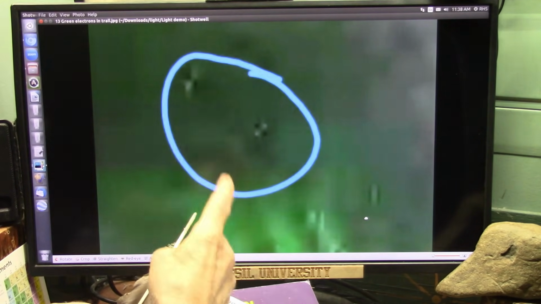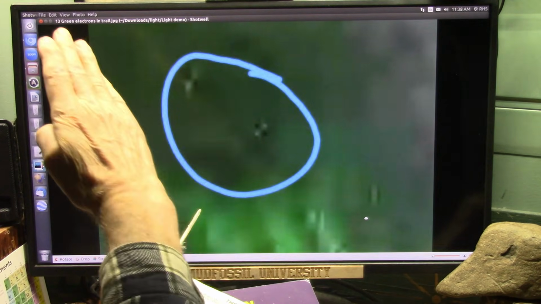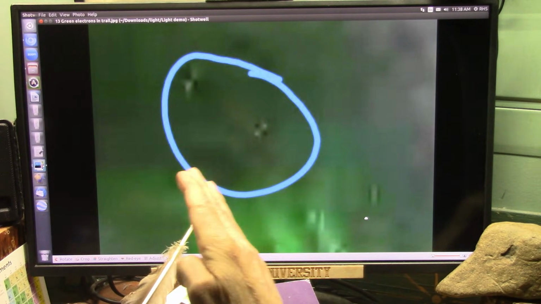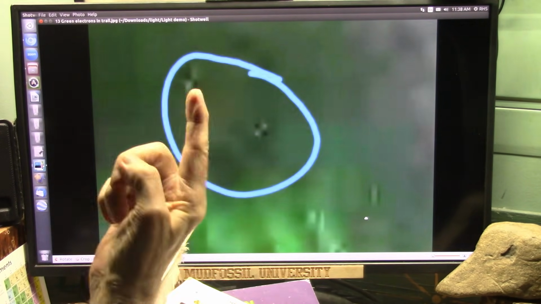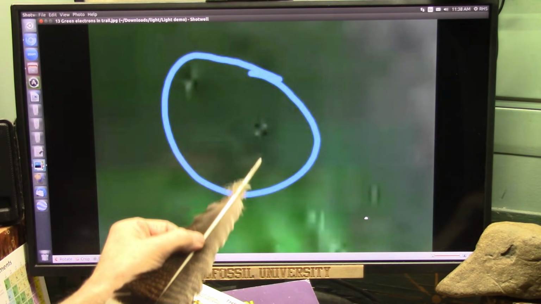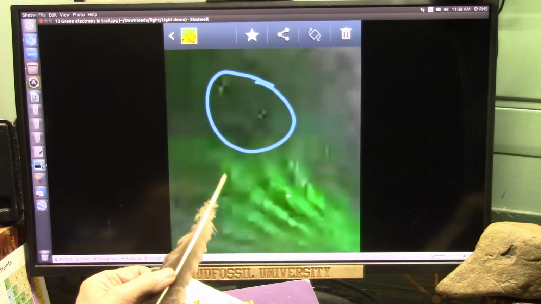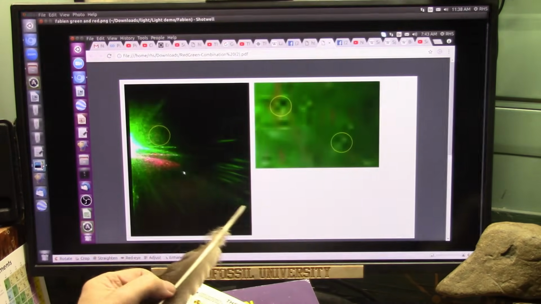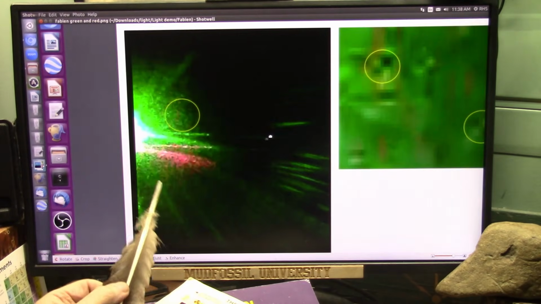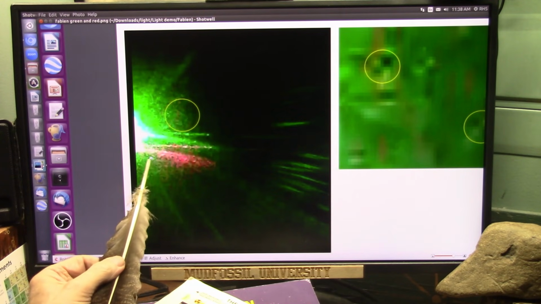Now, you see how it's straight up and down here, even though it's going in that plane? It doesn't twist and go this way. It stays up this way. It's something to do with the gravity of the Earth to these dipoles. But it's the same particle, only faster. And here I can prove it's faster because this is both of them at the same time through the same Venturi.